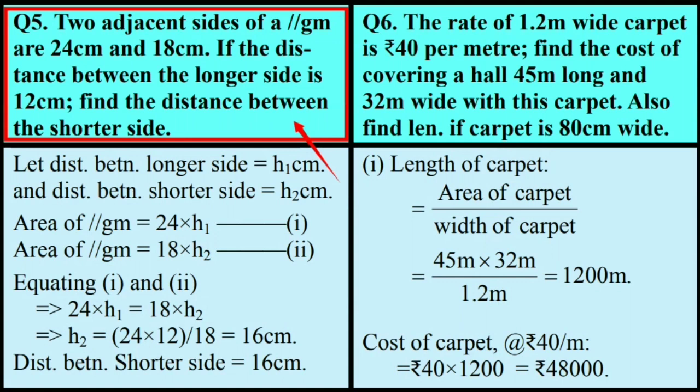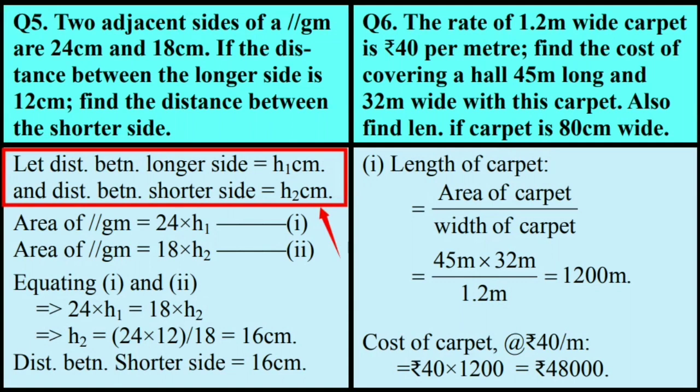Let's proceed. I assume here the distance between longer sides, that is h1 centimeter, and distance between shorter sides h2 centimeter. In the question it's mentioned that the distance between the longer sides is 12 centimeter. It means distance between the two parallel sides, that is 24 centimeter, is 12 centimeter.